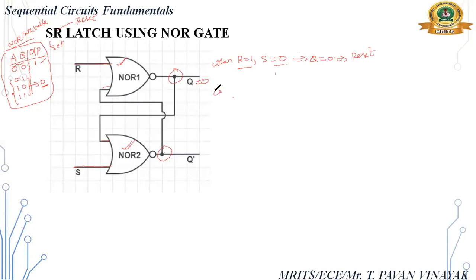When S is equal to 1 and R is equal to 0, it is called set, meaning Q is 1, and the memory element stores 1. When R is equal to 1 and S is equal to 0, Q is 0, which means reset. Let us see how it works using the truth table of the NOR gate.